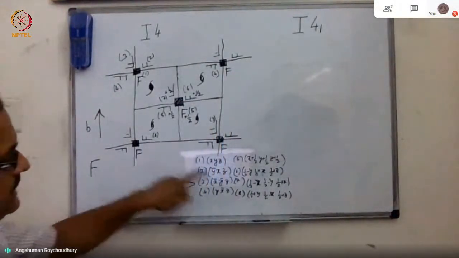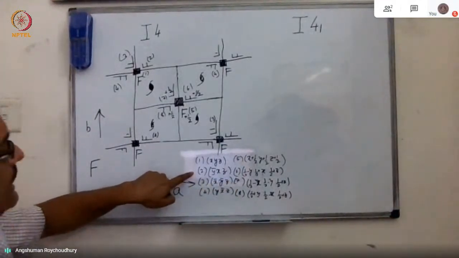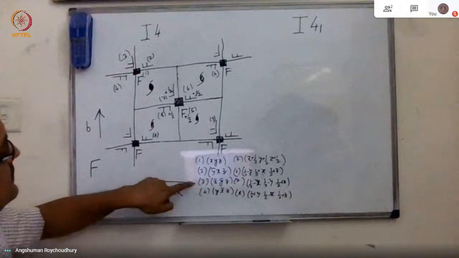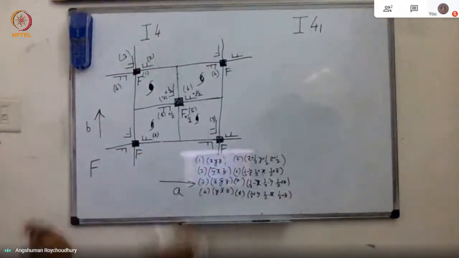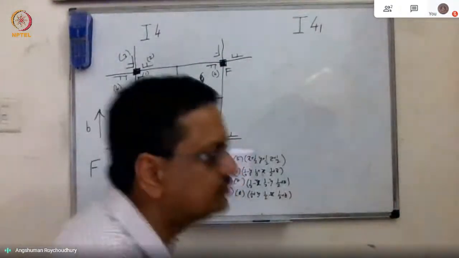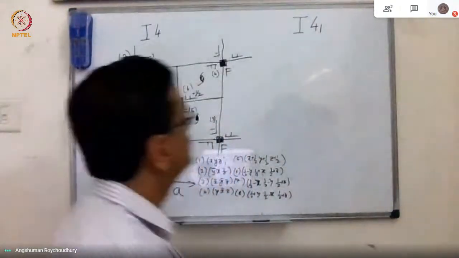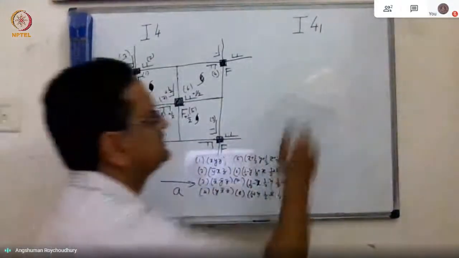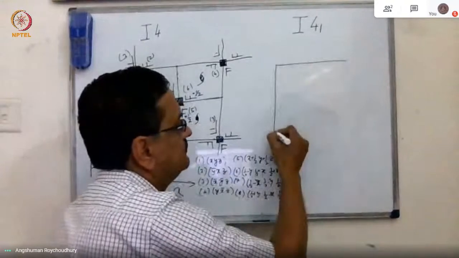So 1 and 7, 2 and 8, 3 and 5, 4 and 6 are related by a 2-1 screw. Now let us try to draw 4-1 on this side in the same way.